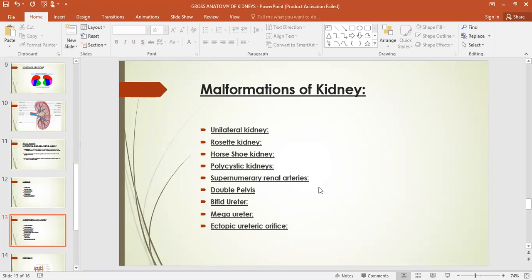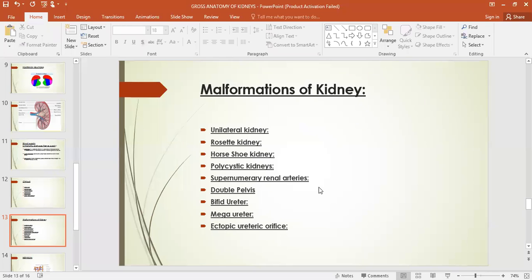Okay, and the rosette kidney. Both kidneys may fuse at the hilum. When the lower ends of both kidneys are fused, it is called horseshoe kidney. When the hila of the two kidneys are fused, it is called rosette kidney.